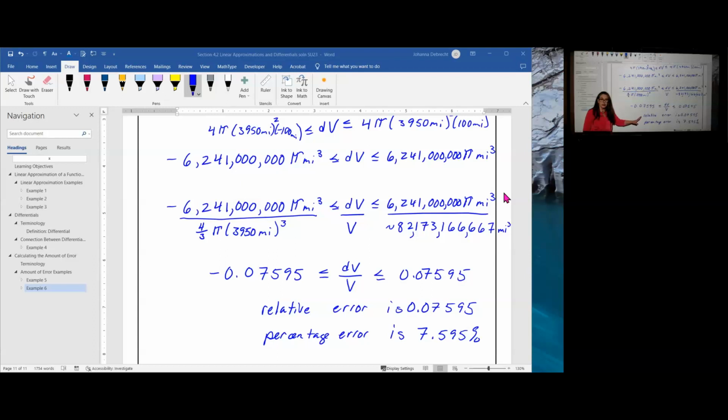The percentage error is then about 7.595%. Why do you suppose it's larger than it was in the previous problem? In the previous problem, our error in measuring the radius was 80 miles. In this problem, the error in measuring the radius is 100 miles. This results in some propagated error.